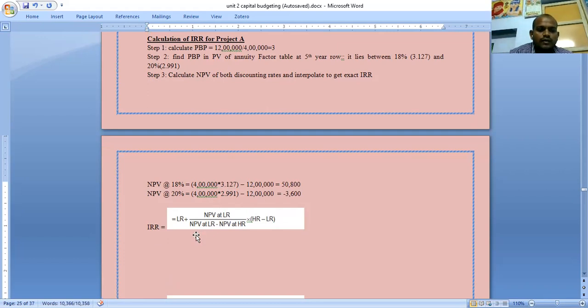We have to substitute the values. Lower rate is 18% plus NPV at lower rate 50,800 divided by NPV at lower rate minus NPV at higher rate. So minus 3,600, we have to mention like this, into higher rate minus lower rate, that is 20 minus 18.